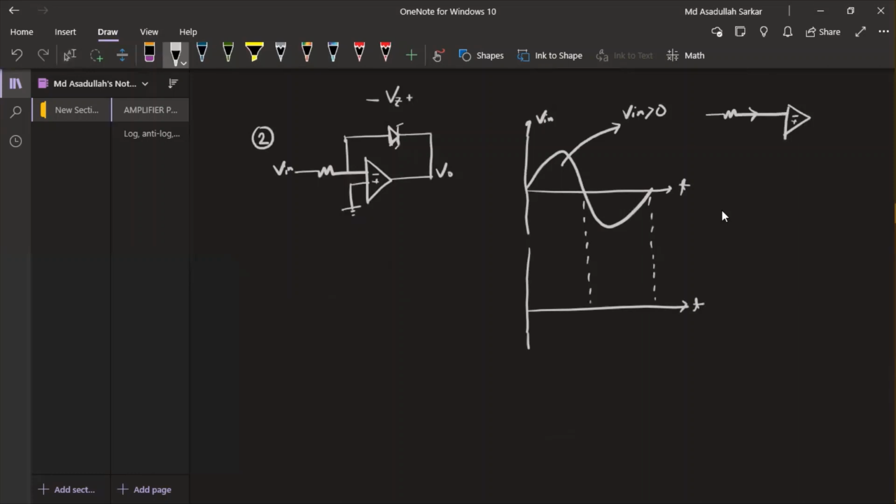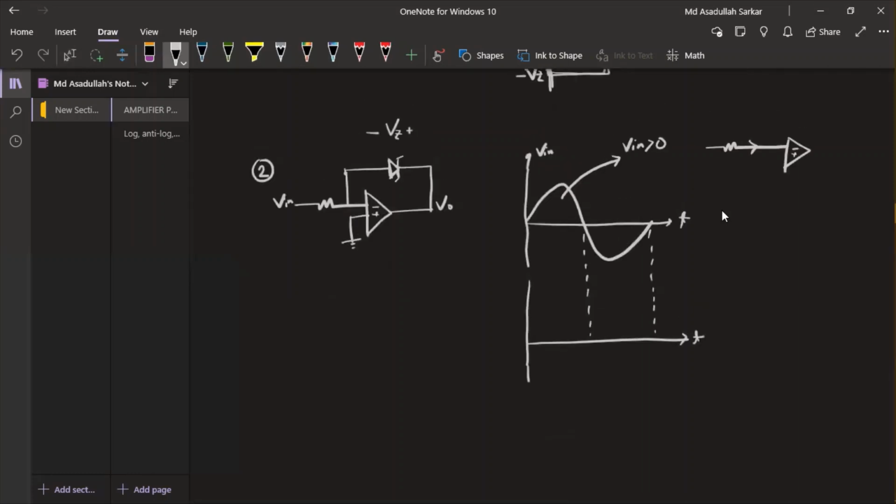If current flows in this direction, this current must go through the zener diode. As the current is flowing from the P side to the N side, this diode will be on. On means the voltage Vd will appear here, plus and minus.